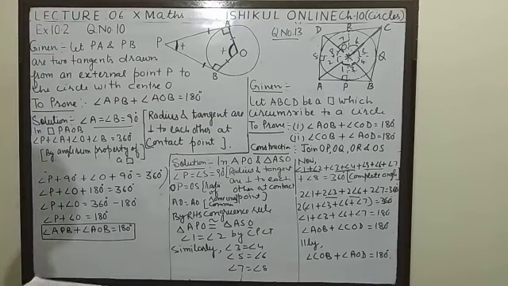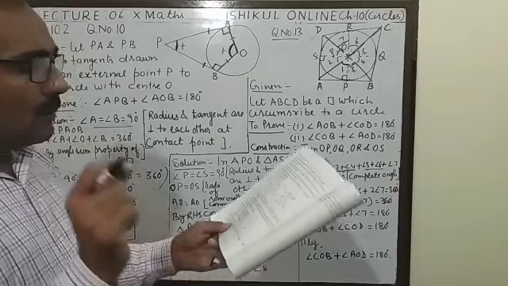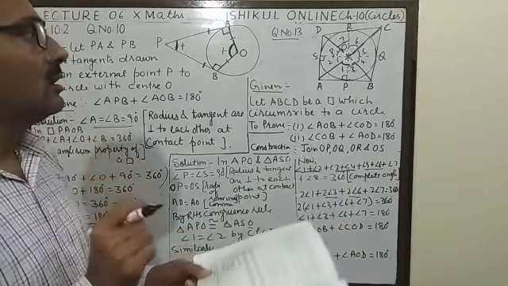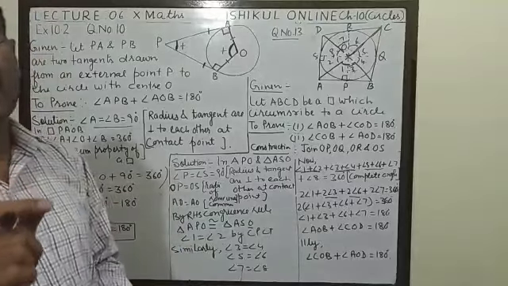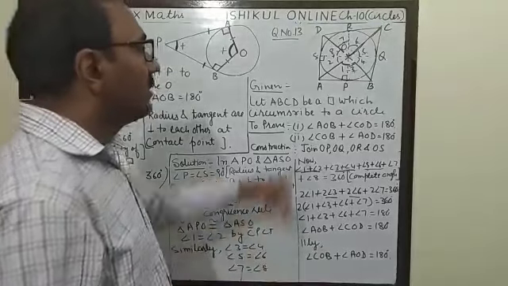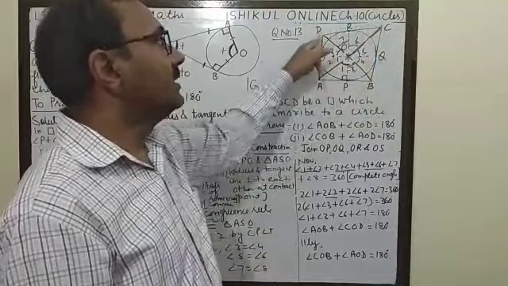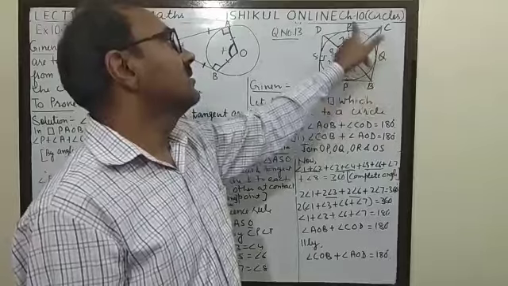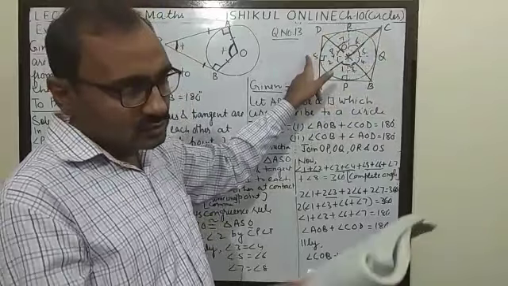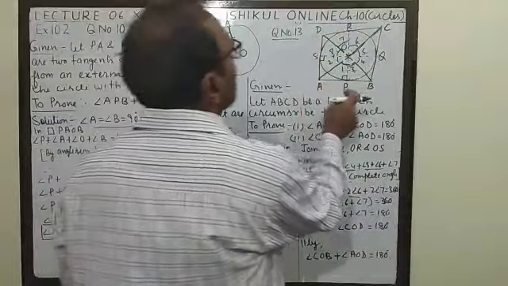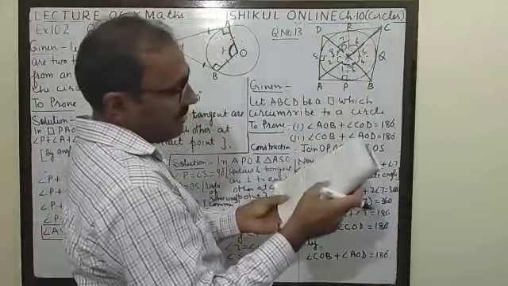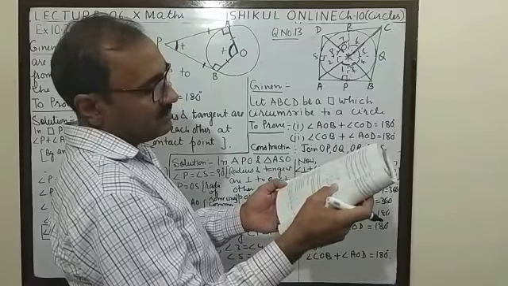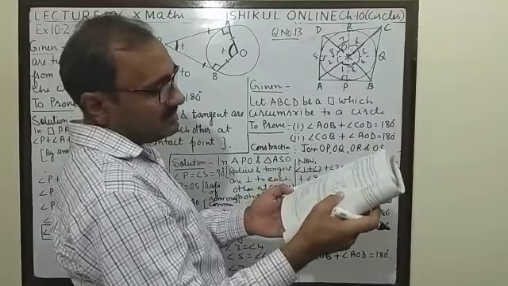Now next, question number 13. Prove that opposite sides of a quadrilateral circumscribed to a circle subtend supplementary angles at the center. This quadrilateral is circumscribed to a circle, meaning all four sides of this quadrilateral touch the circumference of this circle. Clear? So you have to prove that the opposite sides AB and CD subtend supplementary angles at the center.